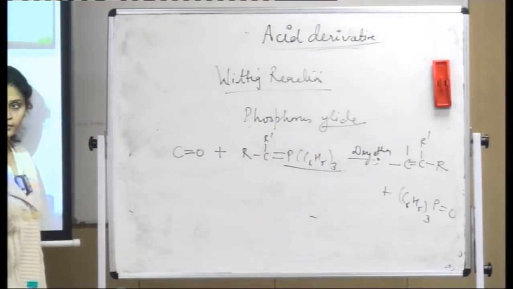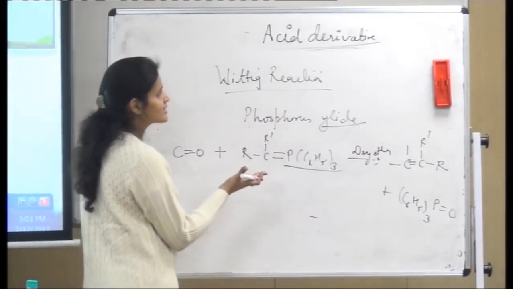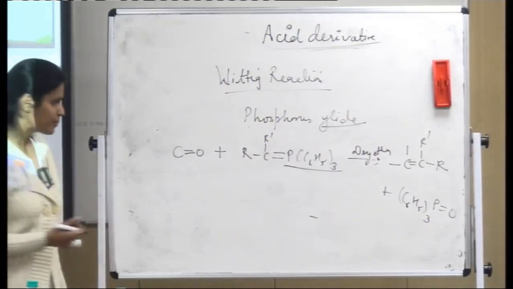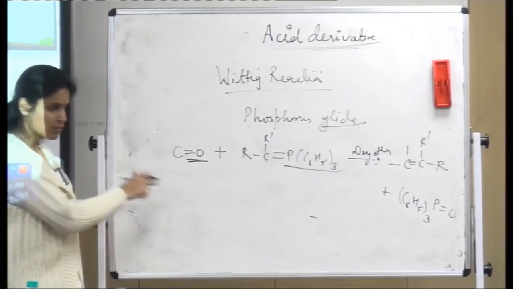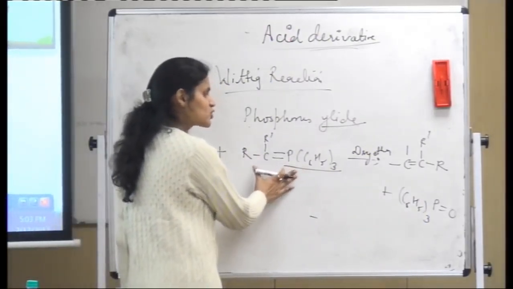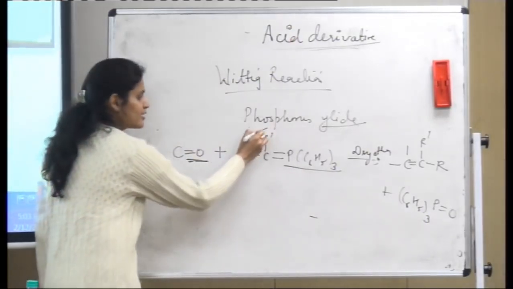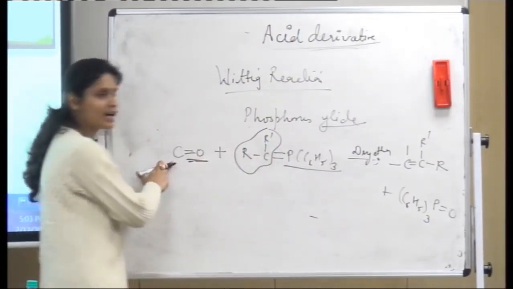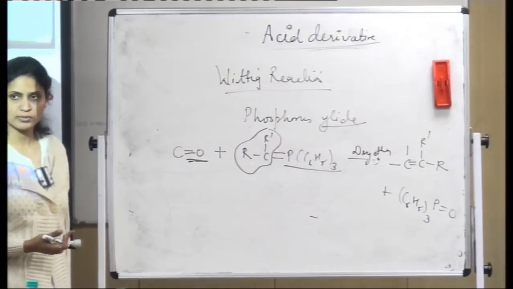All right. So basically I can say that this is the alkylation reaction of carbonyl compounds. Whenever I want to remove this C=O group, the oxygen part, I should react it with the corresponding phosphorus ylide to remove this O part and instantly put this part of the phosphorus ylide on the carbon, and hence I have alkylated the carbonyl compound.